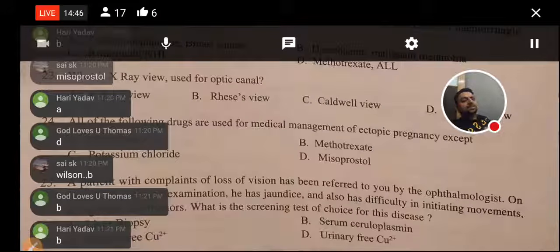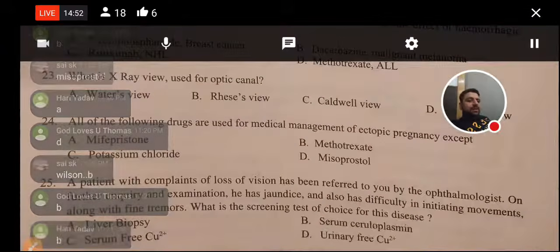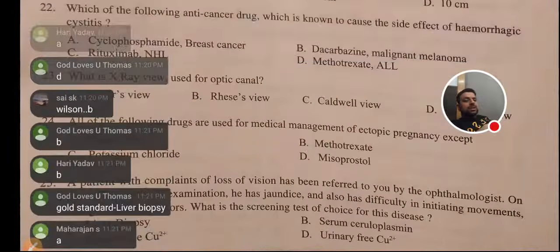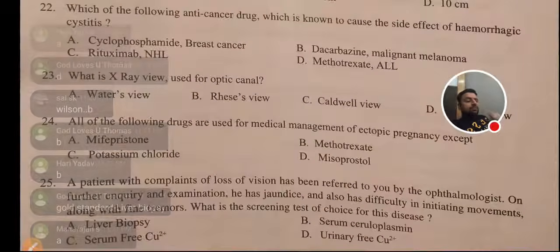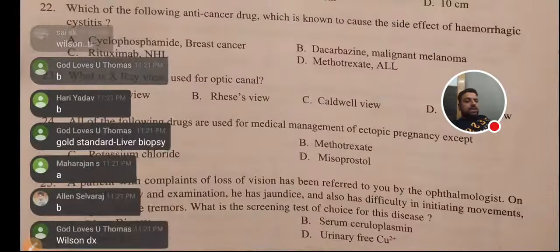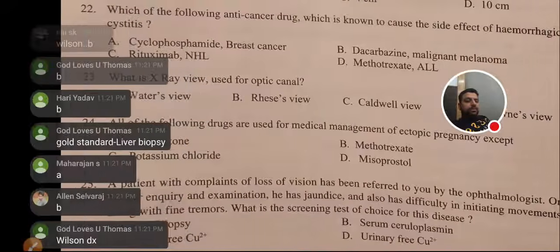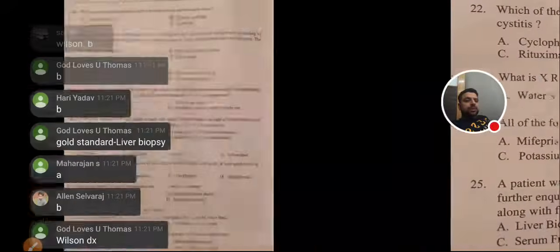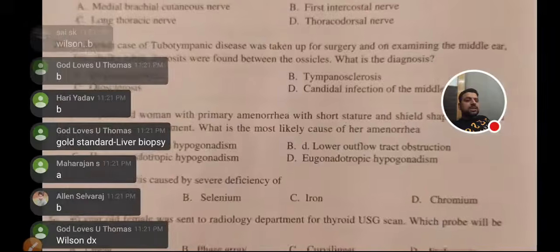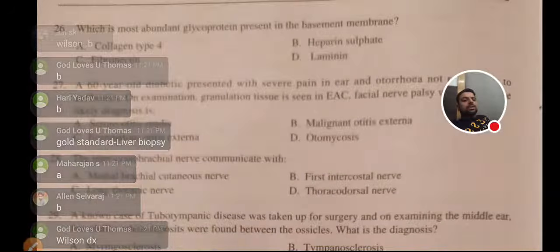This is a case of Wilson disease. The best answer here is urinary free copper. They are asking the screening test of choice, not the gold standard. So urinary free copper is the best answer.